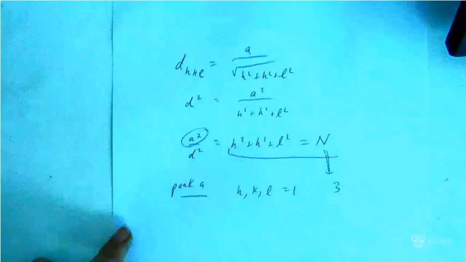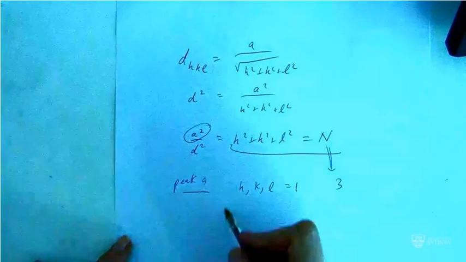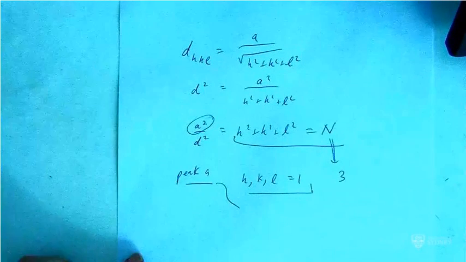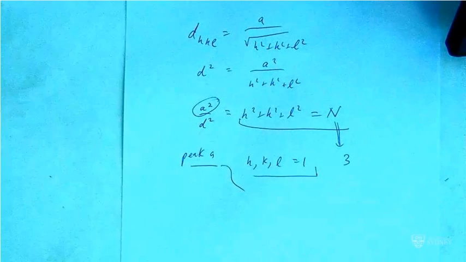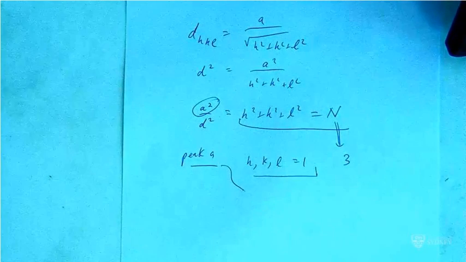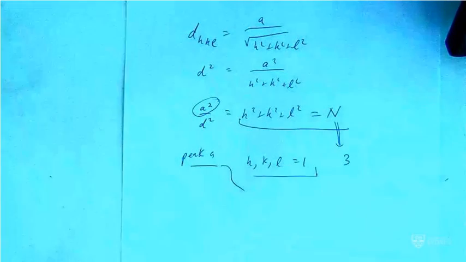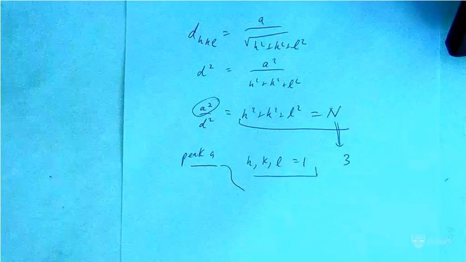There's no other way you can get it. So for peak A, we have the result HKL is equal to 1. So if we know the HKL, then we know and measure D, we can get a value for A.